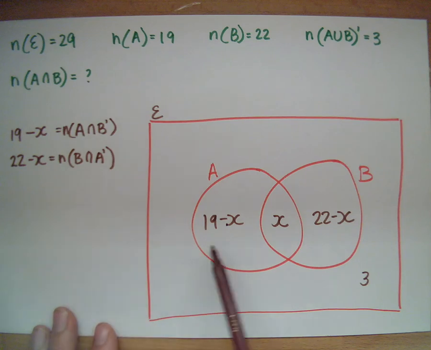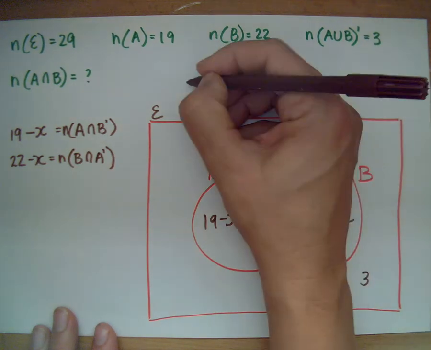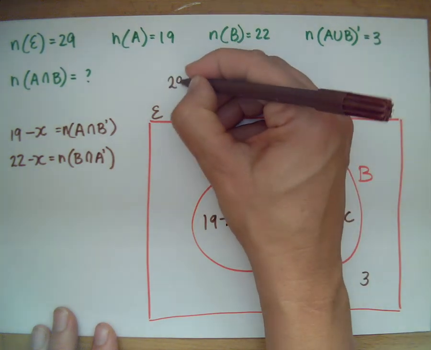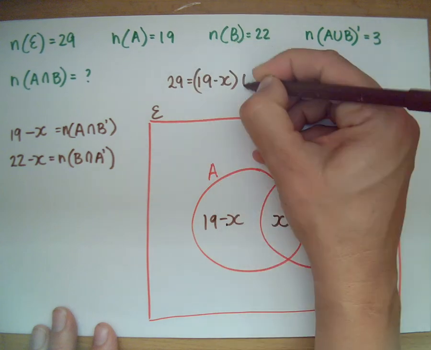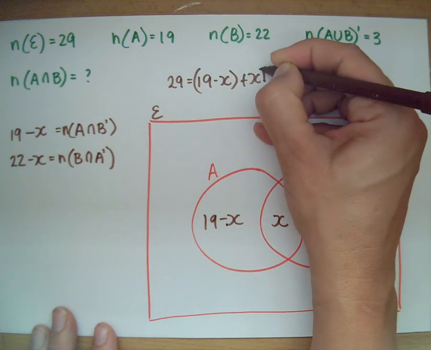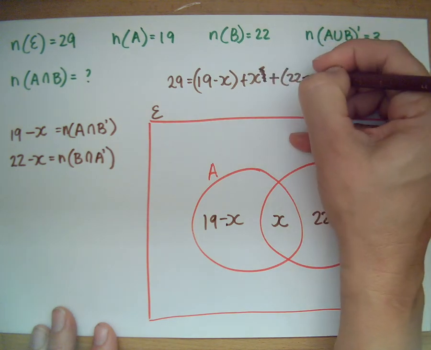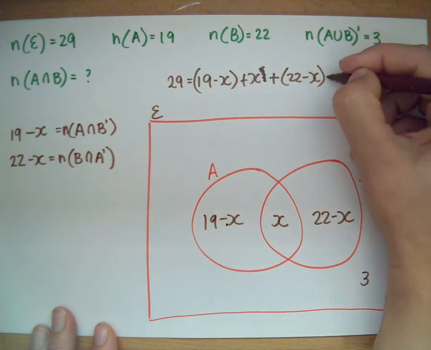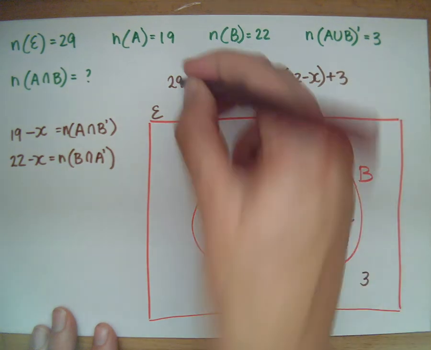We can write an algebraic expression because we know this plus this plus this plus that is going to add up to 29. 29 total. Maybe I should do that up here. 29 equals 19 minus x plus x, plus 22 minus x plus 3. Right? I've added up all of these. They add up to 29.